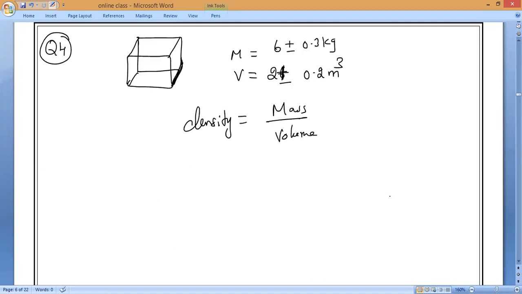Density D is equal to, first find the density fast. What format should be there, brothers? The last answer, density should be D plus or minus delta D. That is the format. So equals to how much? Find it fast. Clear?